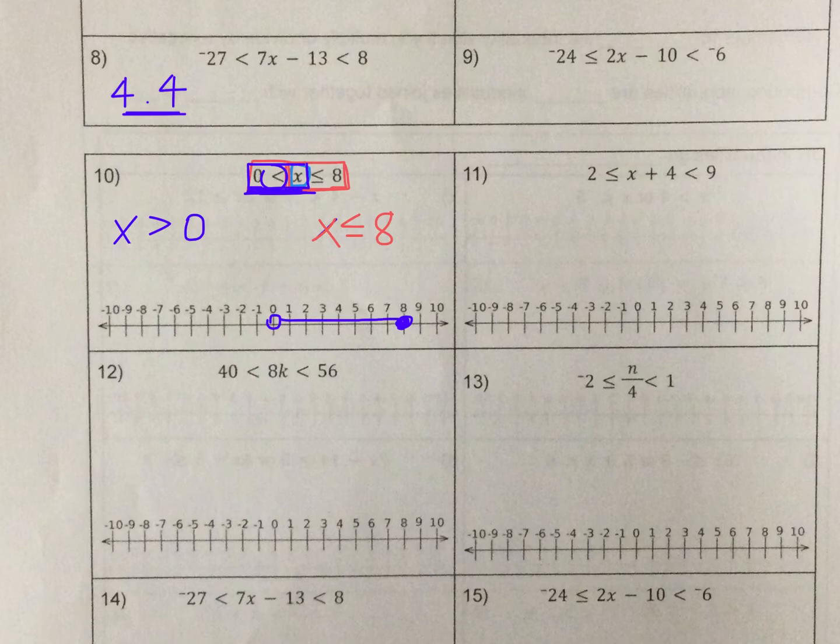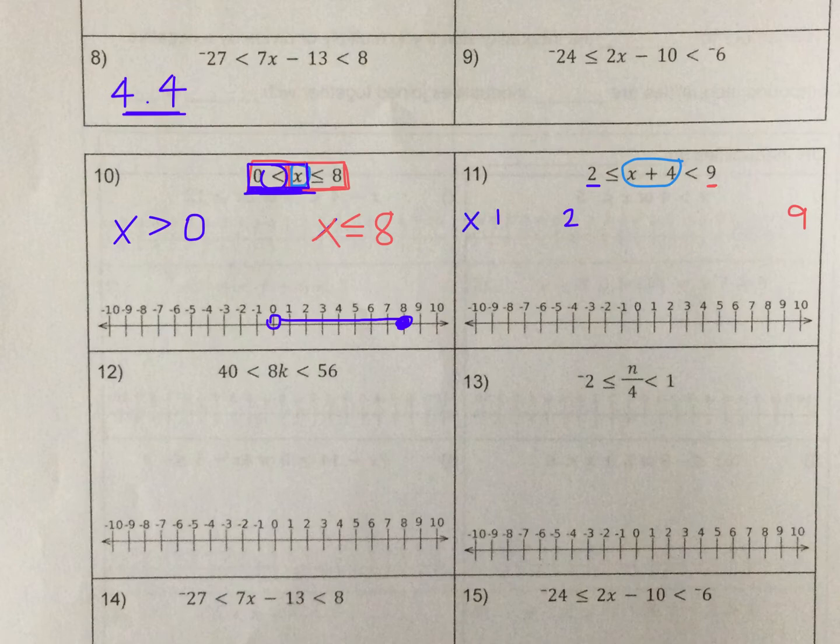Let's do this next one. The answer to my first problem is going to be a 2. The answer to my second problem is going to be a 9. Now, the problem is what they share in the middle. So they're both going to get that.